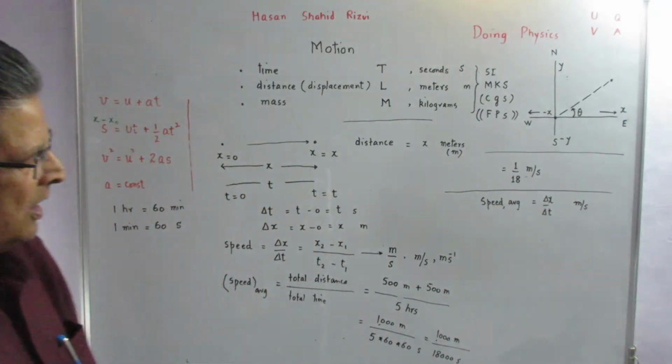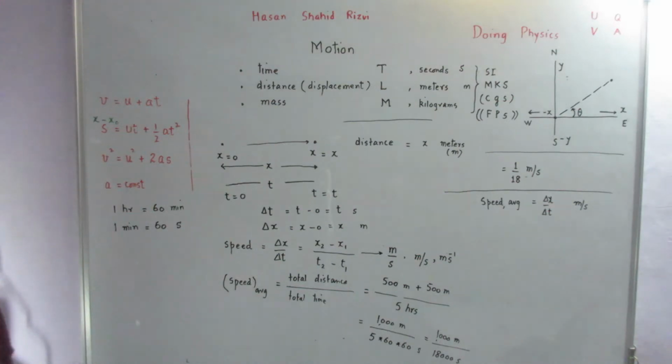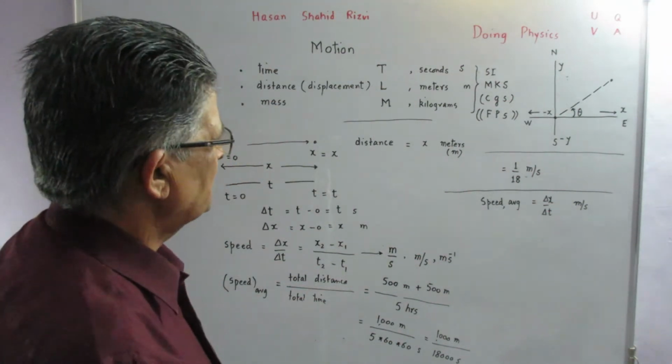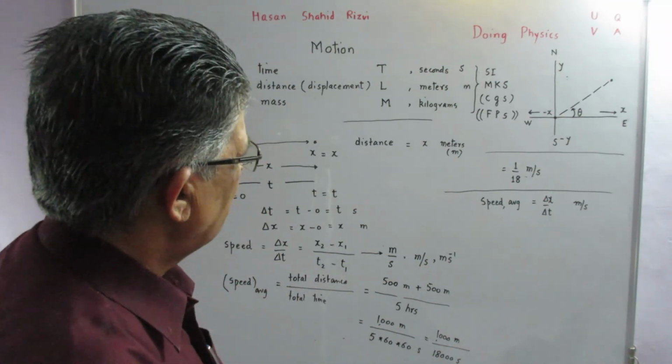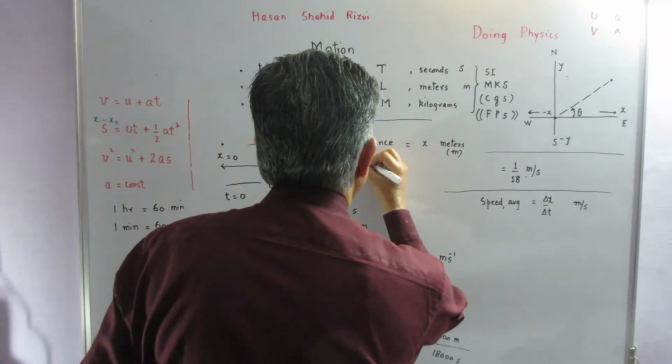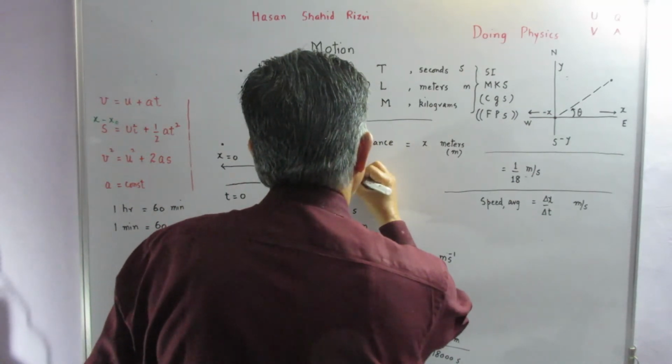Now, as I said, we can also put another feature in this distance, and then I go from distance to what is called displacement.